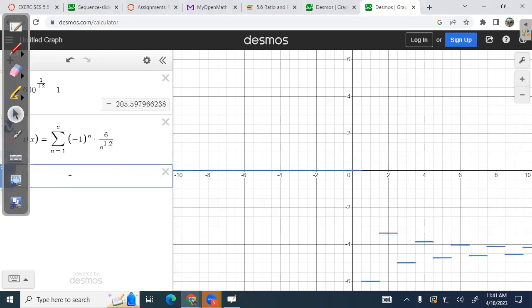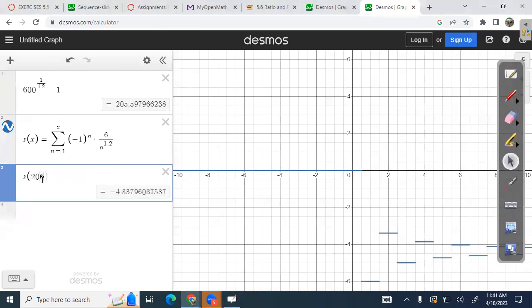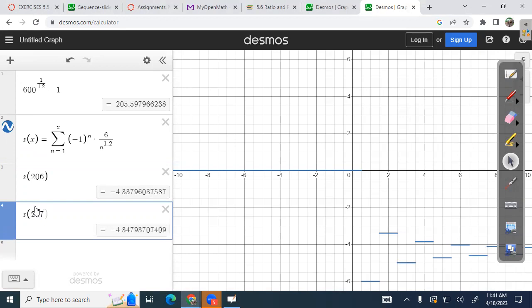And now I want to check out what the 206th sum is. So S of 206. And I want to compare that to the next one, S of 207. What I should expect is that they are the same to the nearest hundredth.